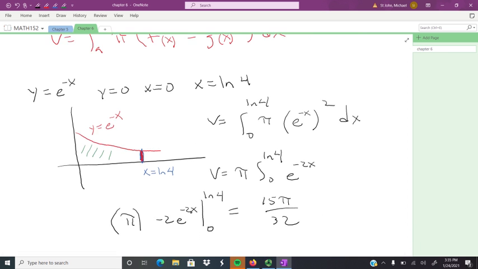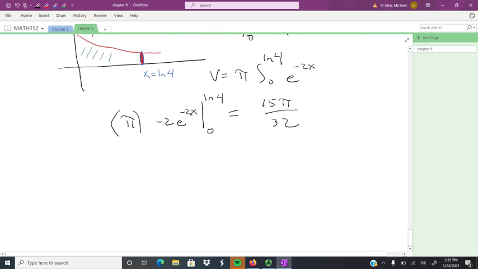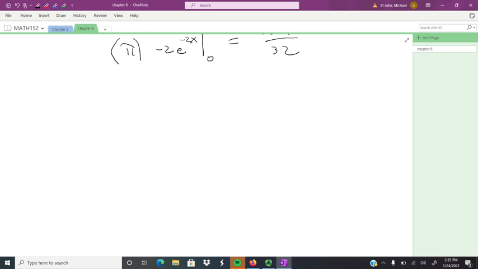Right. And so the next example would be of the washer method. So now I got f of x equals the square root of x, and then g of x equals x squared.